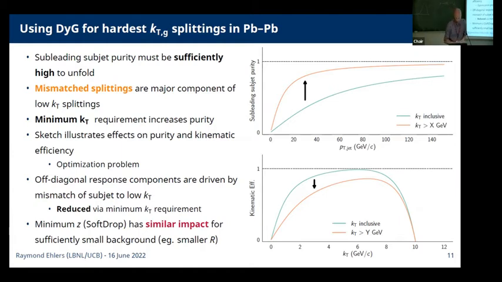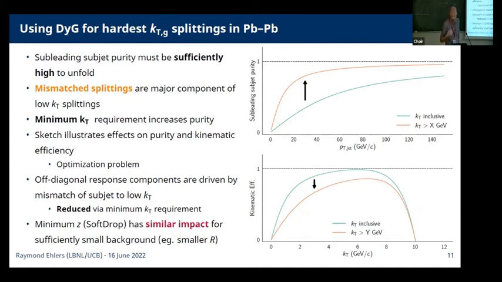And so we need a mechanism to deal with these mismatched splittings, which are a big component at a minimum at low KT. To do this for the hardest KT, we in fact just end up imposing a minimum KT requirement.